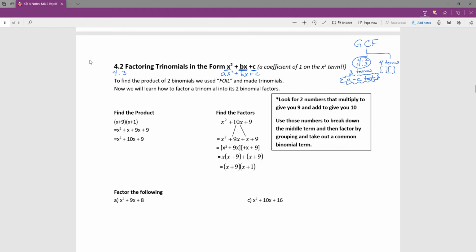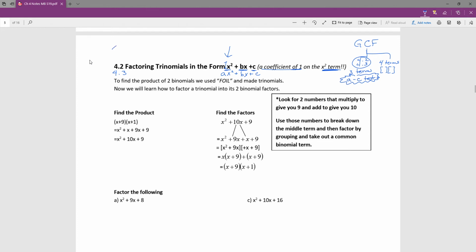In 4.2, we've got a 1 in the place there. It's invisible. It's not written as the a, but the a coefficient of 1 on the first term, on the x squared term. So in these ones, what we're going to do is the reverse of FOIL.